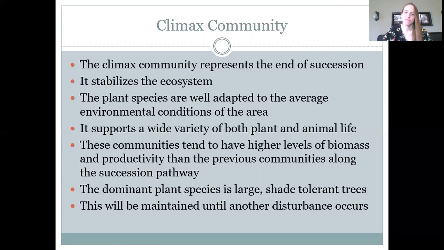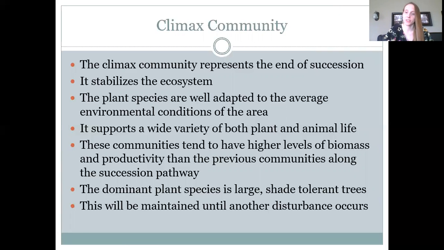And then, oh yeah, productivity. When we're talking about productivity, we're talking essentially about how much energy it has in it. And large trees have a lot of energy. Just think of how much energy you could get from burning down a tree compared to how much energy you would get from burning a shrub, how much heat energy you could get.